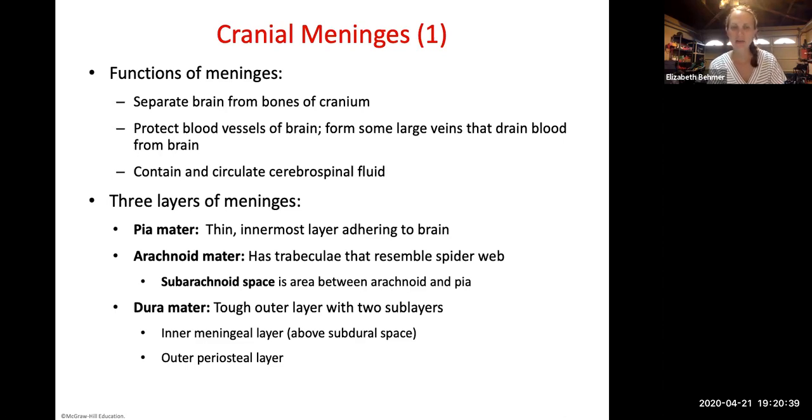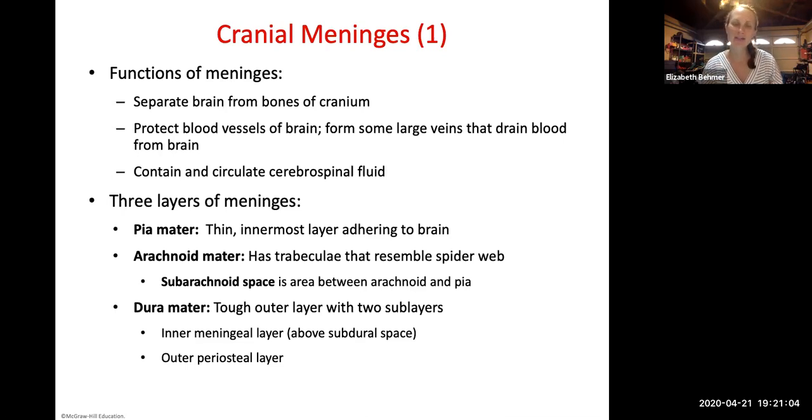And then these are the 3 layers of meninges. And from deep to superficial, to answer number 1 in your notes, the pia mater is the deepest because this is the thin innermost layer. It adheres to all of the sulci and crevices and depressions and gyri of the brain itself.